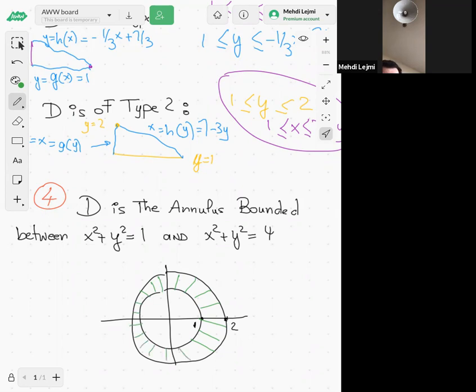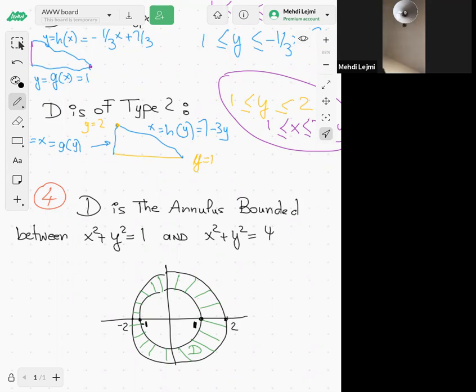This is my D. Again, here this is 1, this is negative 1, and here's negative 2. So the question is, is D an elementary region?